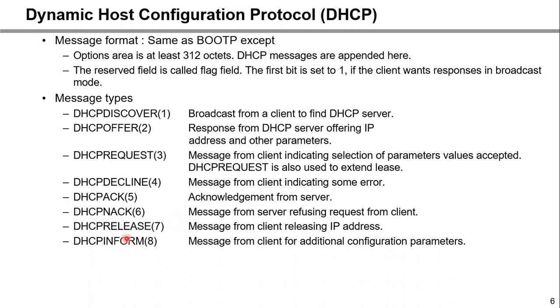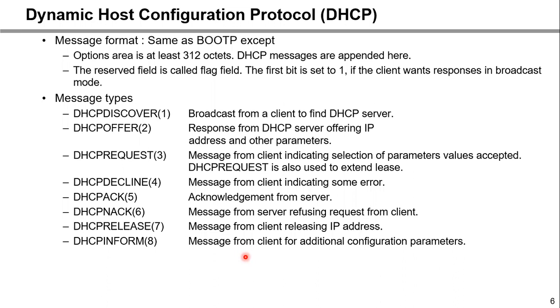Then DHCP release: if a client is done with its work and wants to release the IP address, that is the DHCP release. DHCP inform: let's say you are a field worker coming to the office for 4 hours to finish some job.